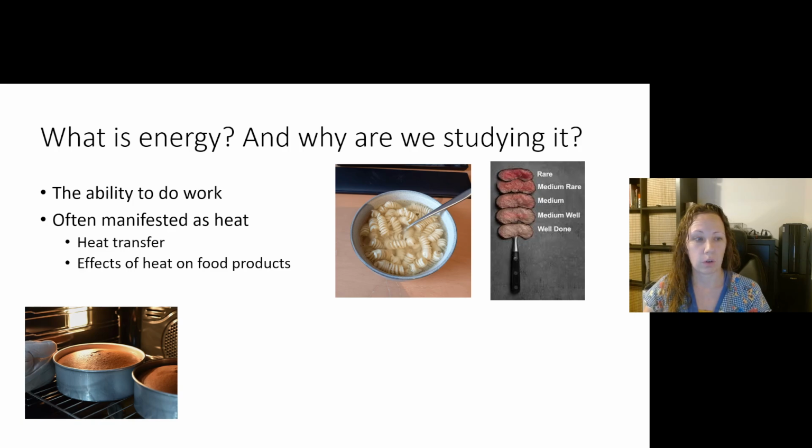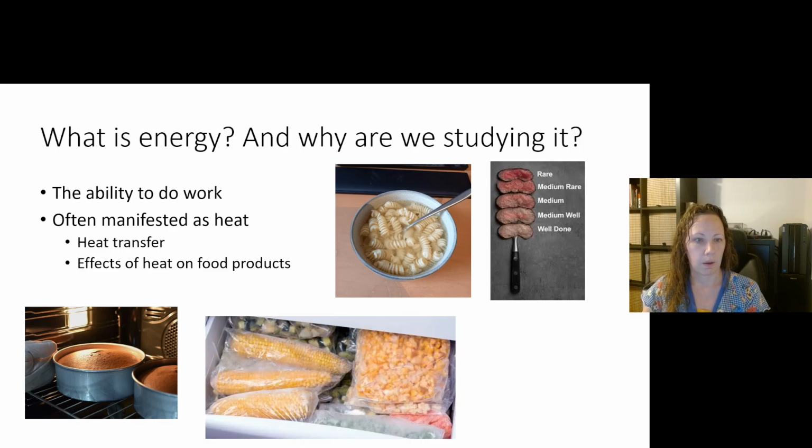How heat transfer works when you are baking a cake: the temperature at which we cook cake is defined in such a way that it's going to have the best effect and not burn parts of the cake, but also cook it in a timely manner. All the other examples were cooking, but freezing is also an example of heat transfer. Understanding freezing processes and what happens to the food products as you freeze them is also really important in food science.